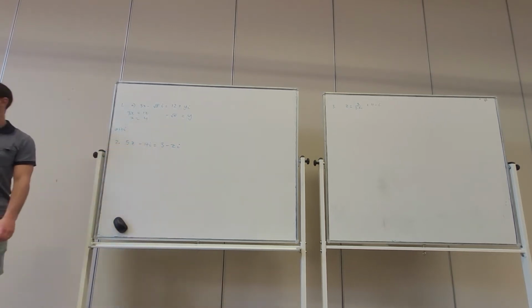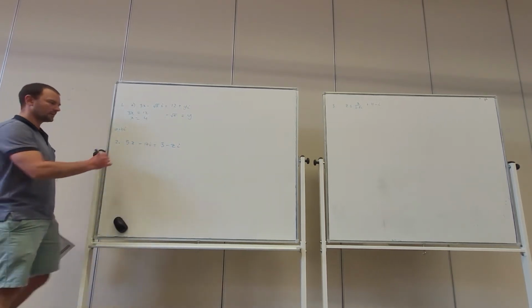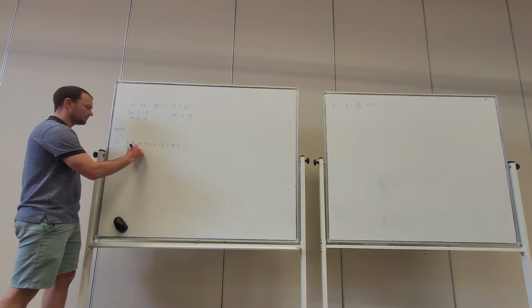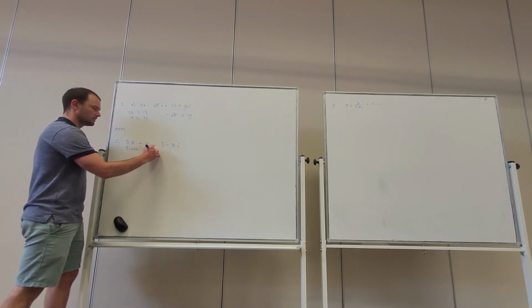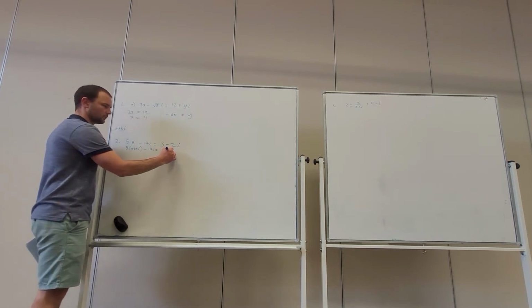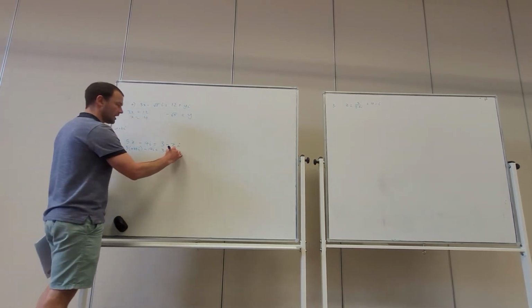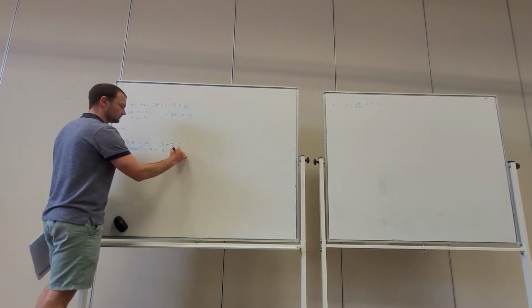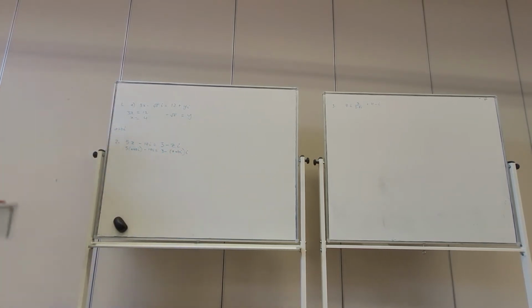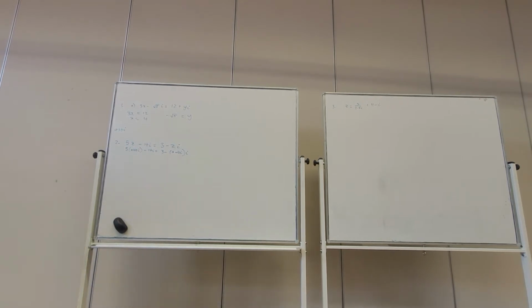So if z is a plus bi, then we're going to have 5 times (a plus bi), take 14i, equals 3, take (a plus bi) times i. All I've done is substitute z in there. Our complex number z is represented as a plus bi.